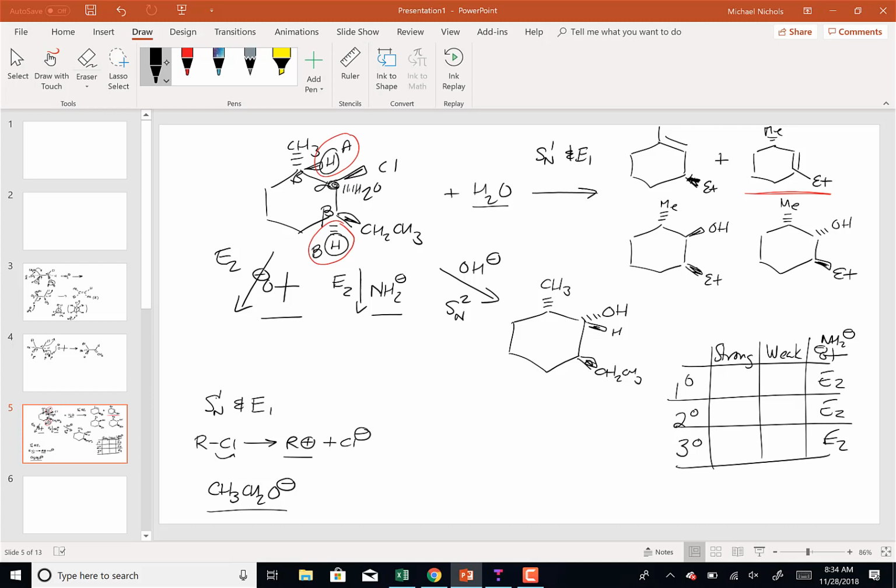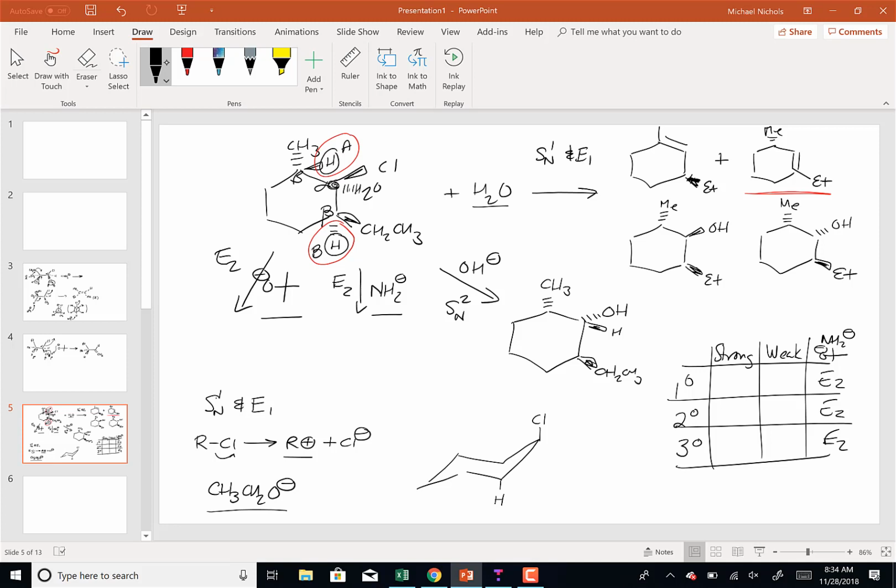Because the only way in a cyclohexane ring is to have the chlorine axial and then have the beta hydrogen axial. And so that means that they have to be trans. If they're cis, I can never twist the ring enough to make them anti-periplanar. So that's what makes that easier.